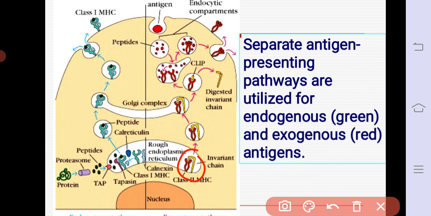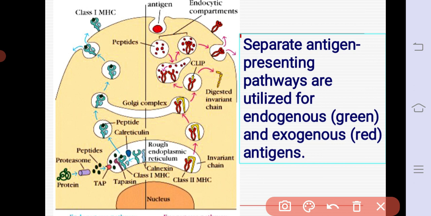Then from the Golgi to another vesicle. During this, the invariant chain gets degraded or digested, but a small portion of protein remains, called CLIP, the class second associated invariant chain peptide, and this CLIP is useful to avoid the loading of endogenous antigen present in this cell.